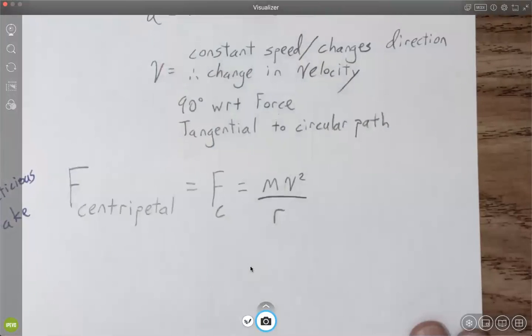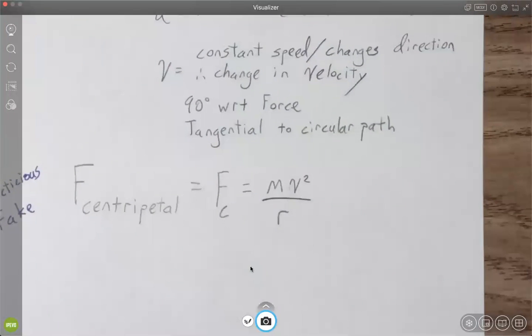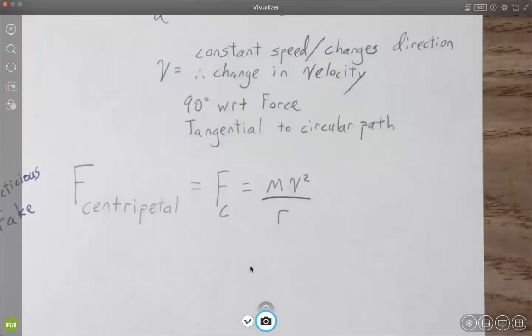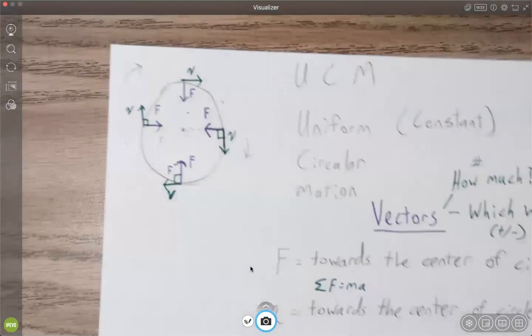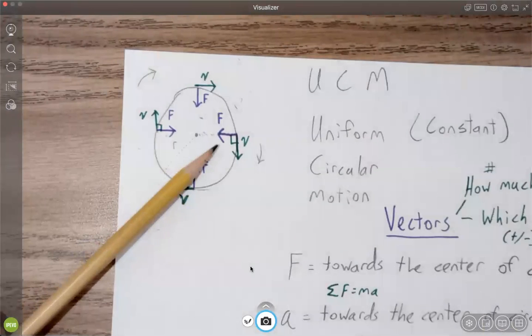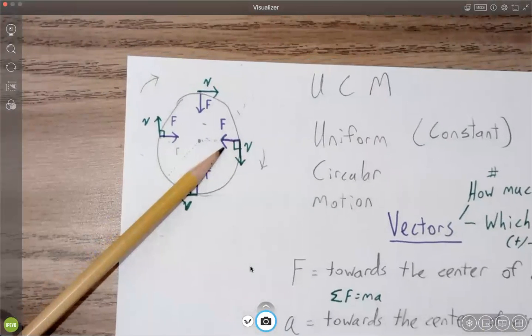It can be quantified with this, but there's no centripetal anything that caused this cat to go in a circle. So the cat went in a circle around the fan because it had its claw stuck on the string. So this centripetal force that the cat felt was force due to tension from the string.